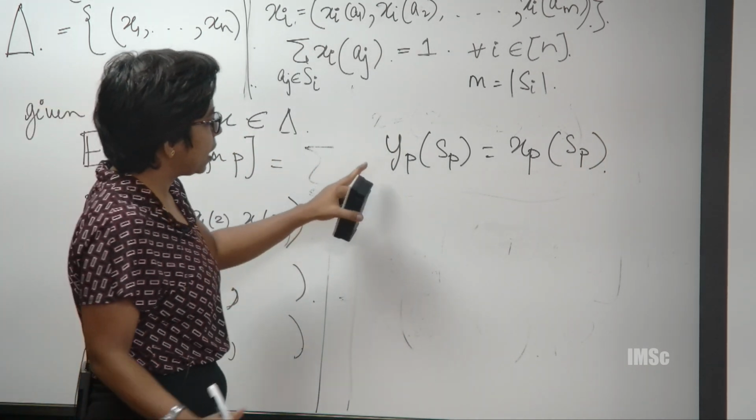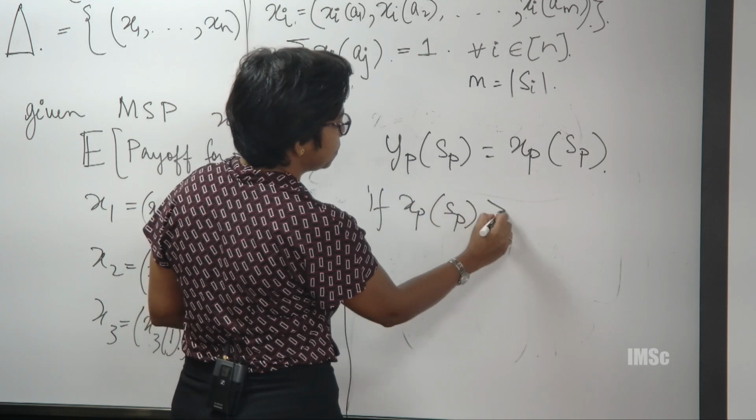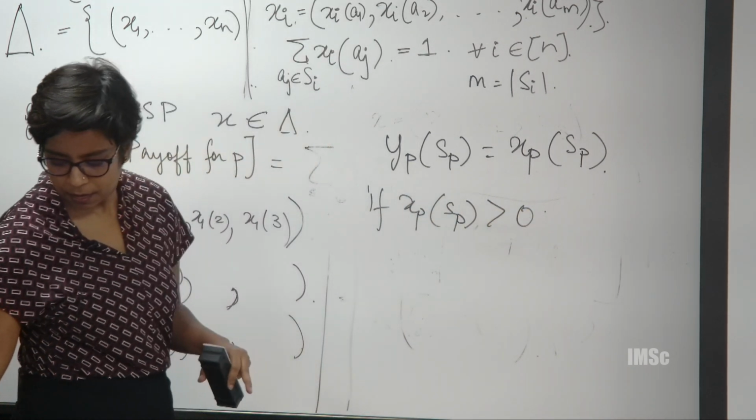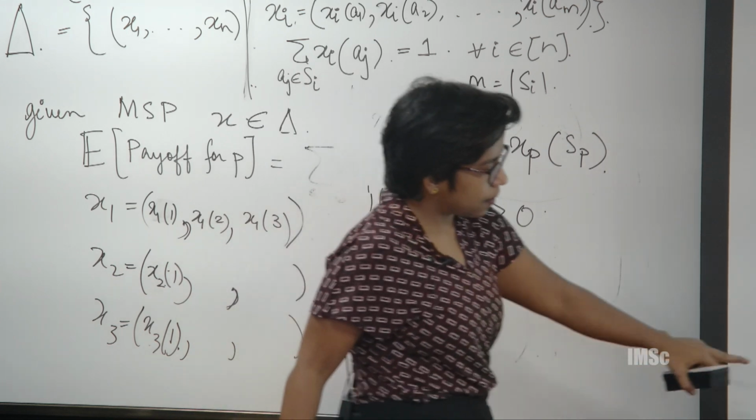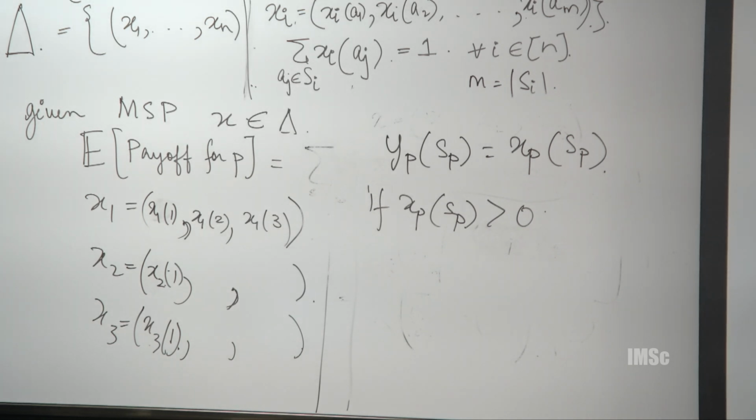Now, if X_p(s_p) is greater than 0, this term in the numerator is greater than 0, correct? And you have this plus something here.